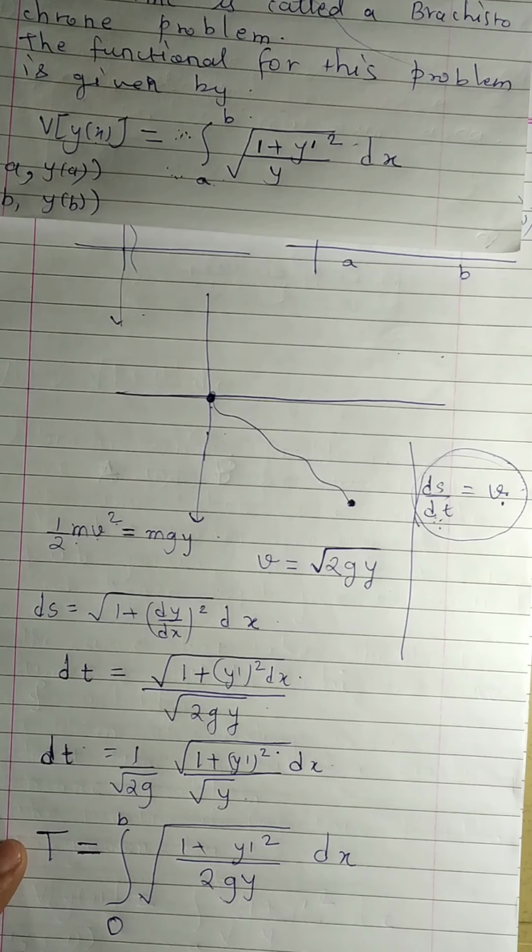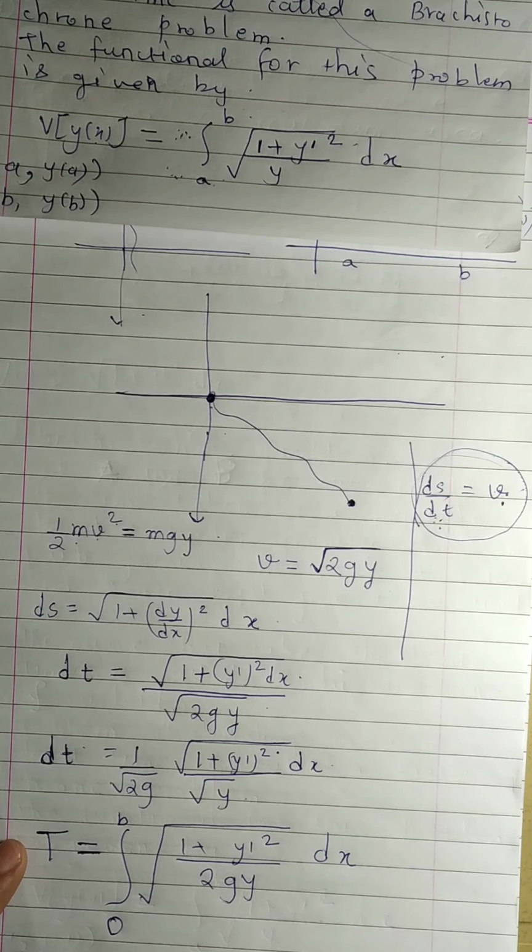Once we get the curve y of x, it will be observed that the curve of quickest descent is a cycloid. And what is a cycloid? A cycloid is a curve produced by tracing the path of a point on a circle as that circle rolls along a straight line.